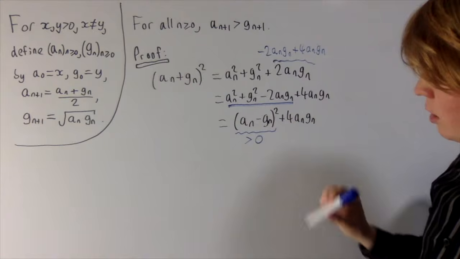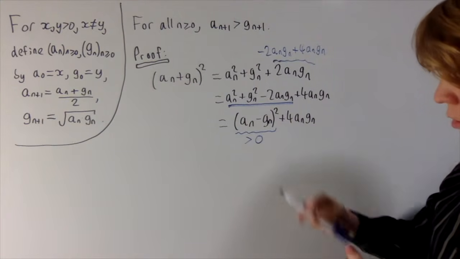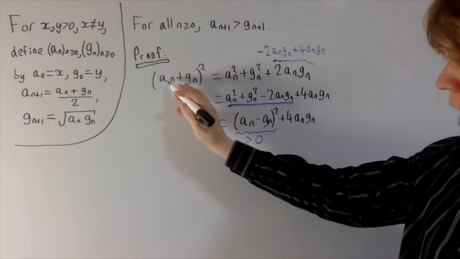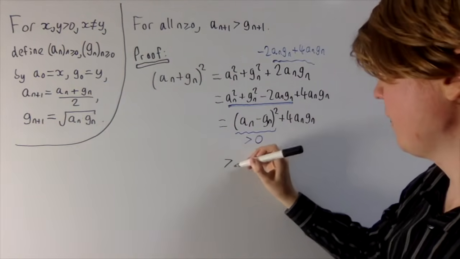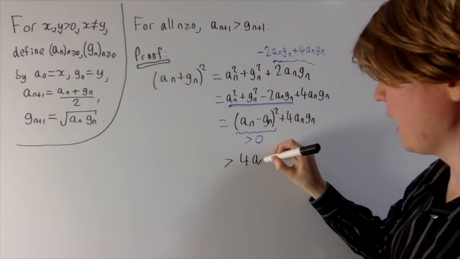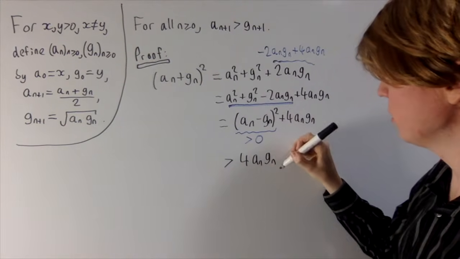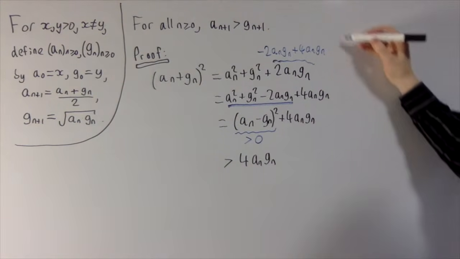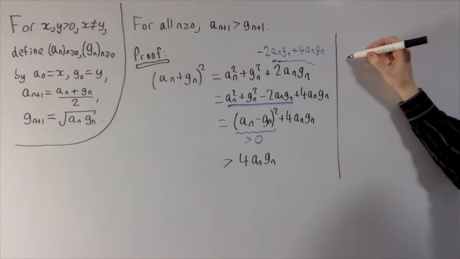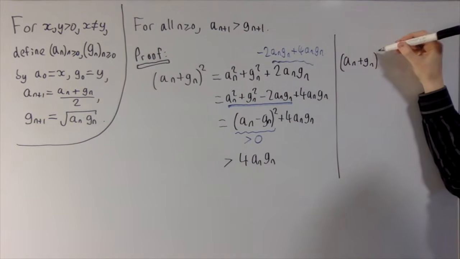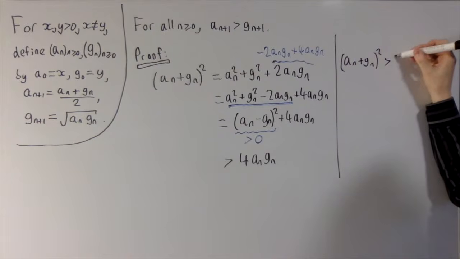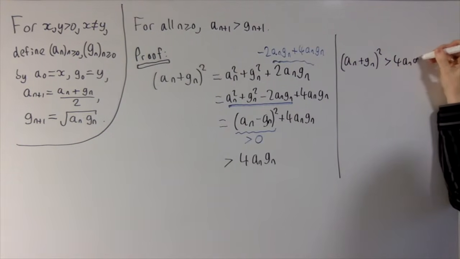So this is strictly greater than 0, which means that (a_n plus g_n) all squared is strictly greater than 4 a_n g_n. Okay, so what have we shown here? We have shown that (a_n plus g_n) all squared is strictly greater than 4 a_n g_n.